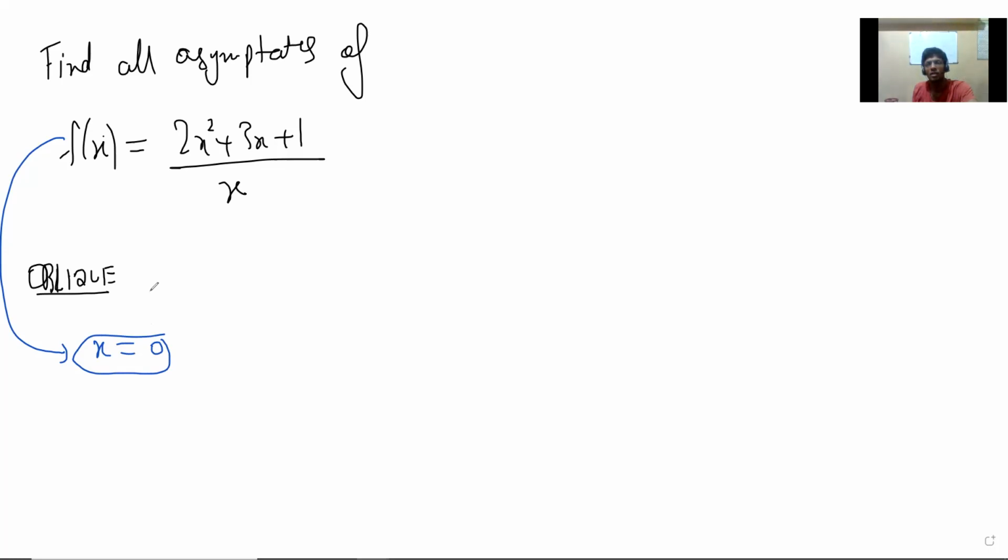So that's not infinity. Oh, there's a 1 by x. Oh, sorry. Okay. So first Adish has said a concrete answer first. So let's ask him. So why is x equal to 0 an asymptote?